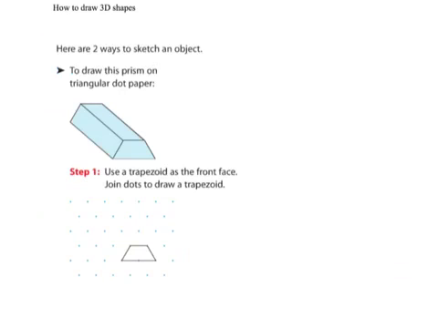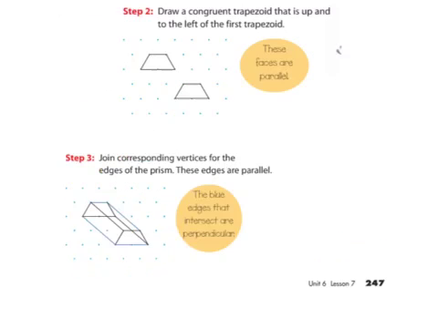All right, at this point we are moving on to ways to draw 3D shapes. When you are doing prisms, what you need to do is you draw your front face. So say, for example, we were trying to draw this trapezoid prism. You would draw your front face. Then you would move on to drawing your back face.